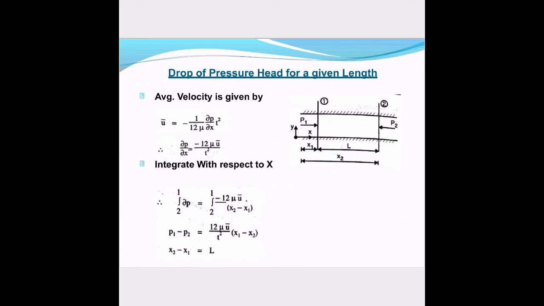So, let us consider two sections of the length L. The sections are 1-1 and 2-2. Along the section we have to find out the pressure drop.